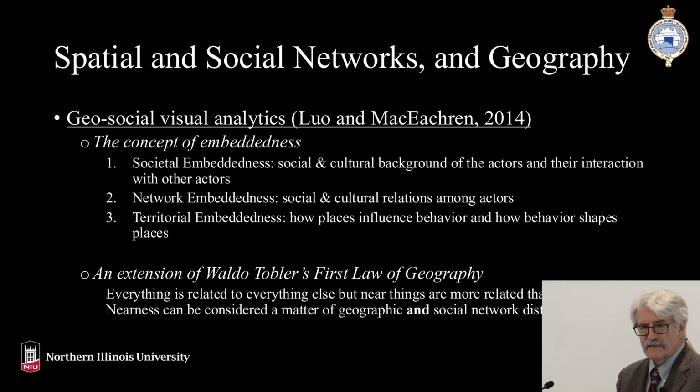Makes sense, right? Okay, if you look at your neighbor, you're like your neighbor, say in a neighborhood, right? Maybe the same kinds of jobs, same income, you know, it's almost predictable. Okay? But as you move away from where you are you're more different, okay? Not always the case, but that's the idea. And you can measure that kind of thing. But now we have nearness can be considered a matter of geographic and social network. We can combine the two.